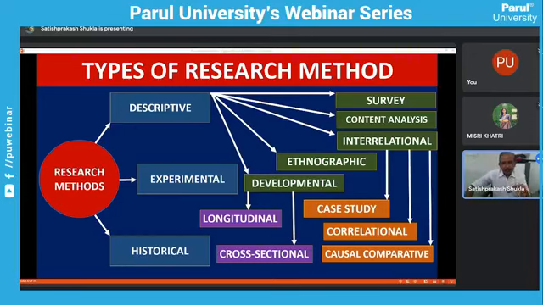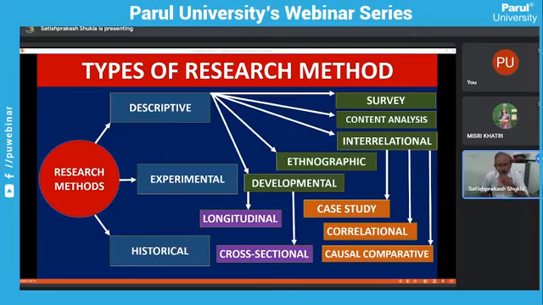The factor, the effect of which is to be checked, is called independent variable. And the variable on which the impact of independent variable is to be checked is called dependent variable. So in experimental research, always a controlled situation is created, and in the controlled situation, the independent variable is manipulated, and its impact on dependent variable is checked out.